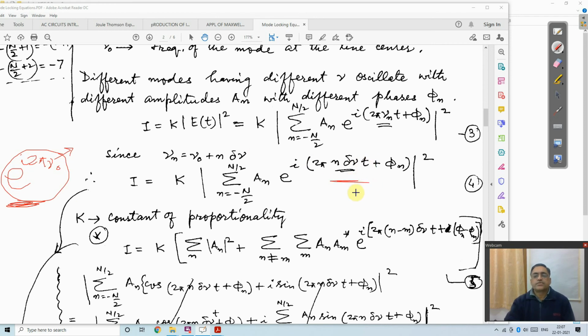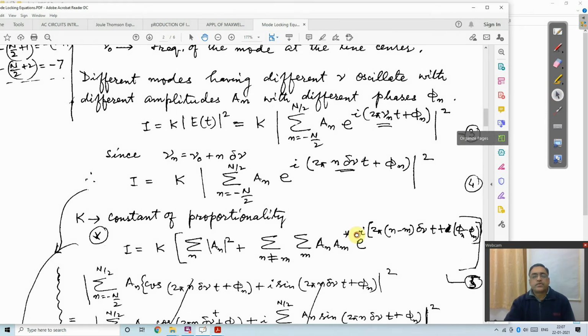K is the constant of proportionality. Now this equation can be simplified very easily. How? Let us see.